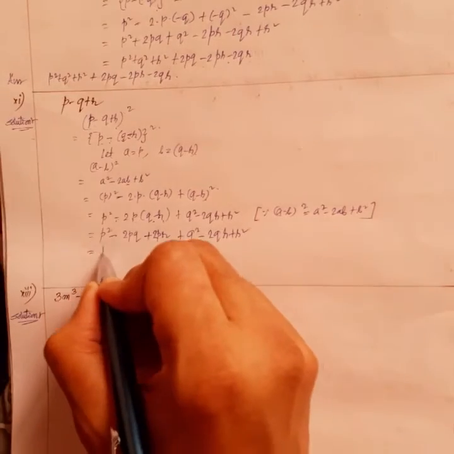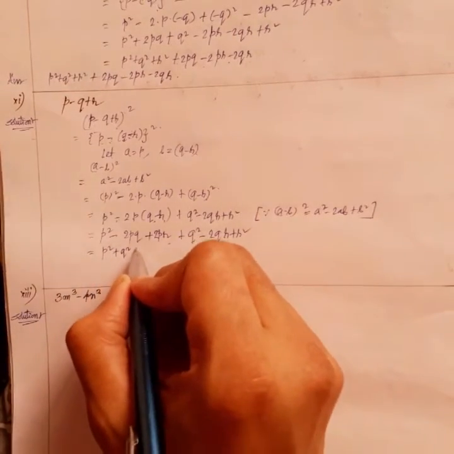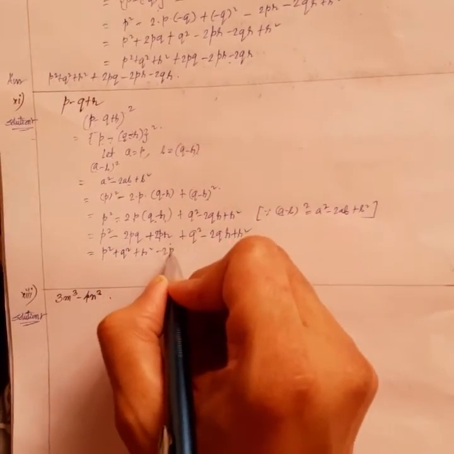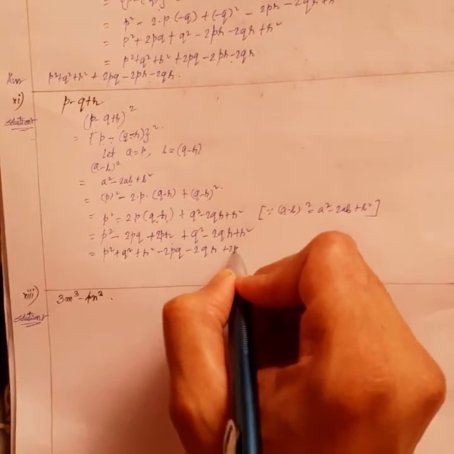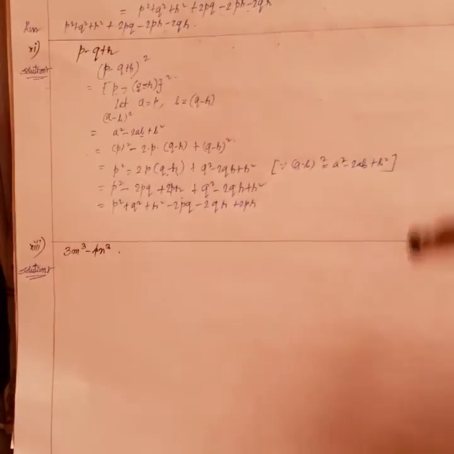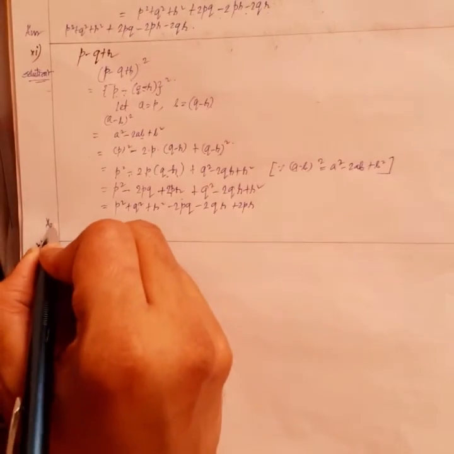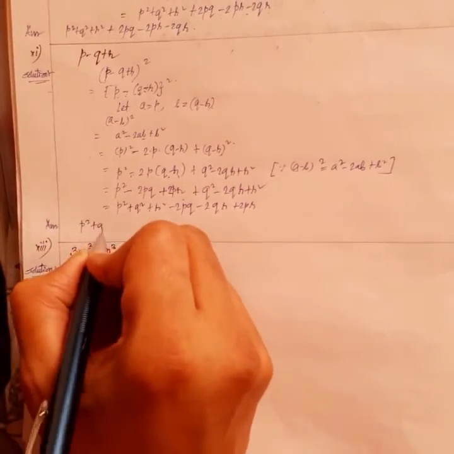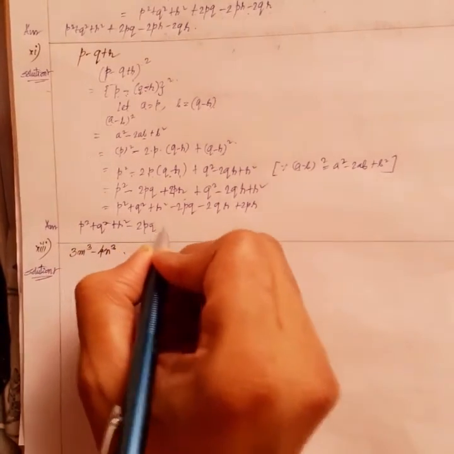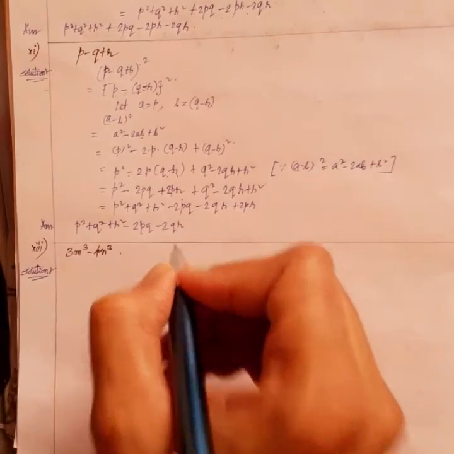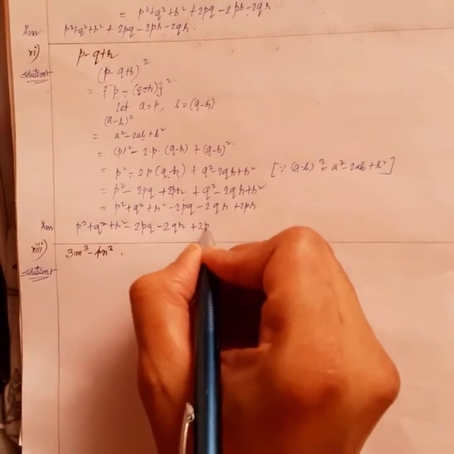If you arrange them, you are getting p square plus q square plus r square minus 2pq minus 2qr plus 2pr. Therefore the answer is p square plus q square plus r square minus 2pq minus 2qr plus 2pr.